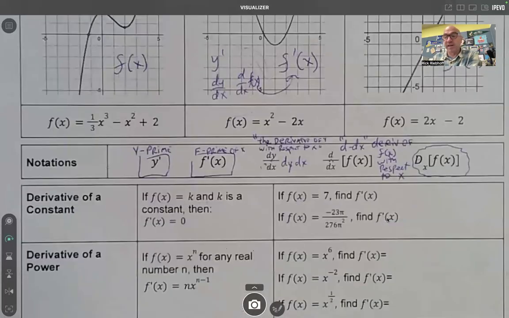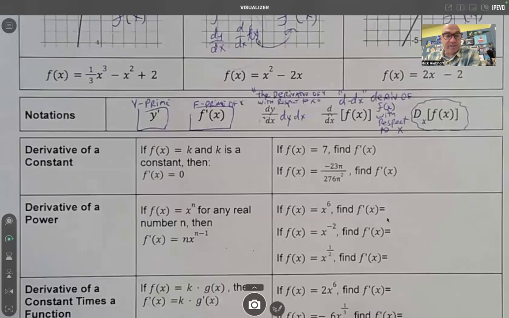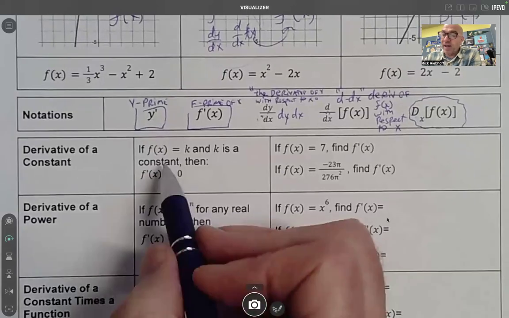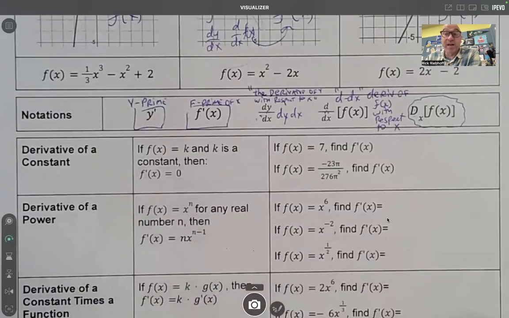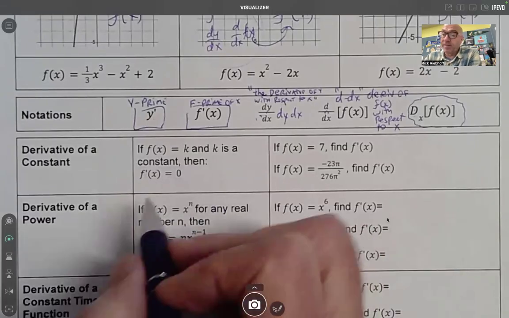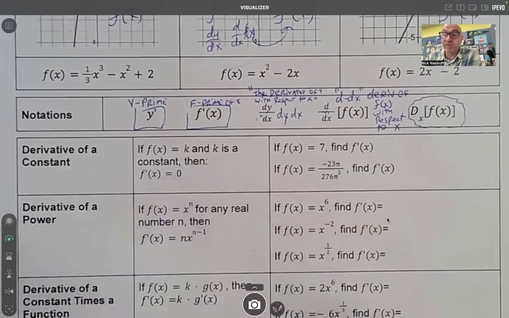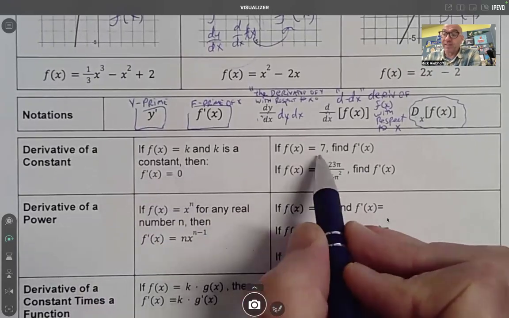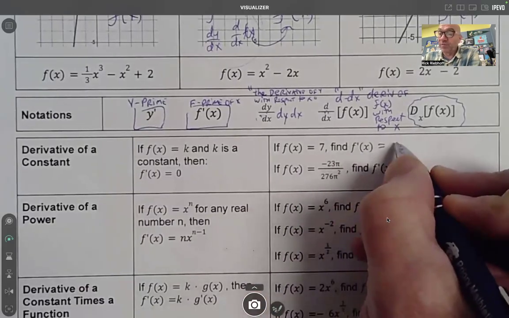So anyways, let's go. Enough notations. Derivative of a constant. If I have f of x equals k and k is a constant, it's just a number with no variable on it, then the first derivative is going to be 0. So if f of x is equal to 7, then f prime of x is going to be 0.